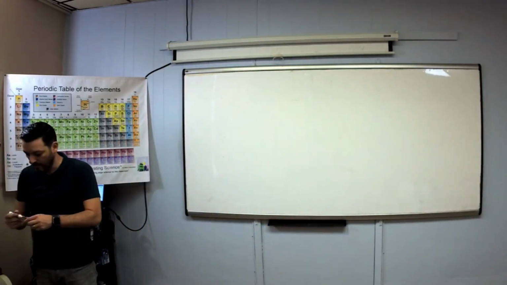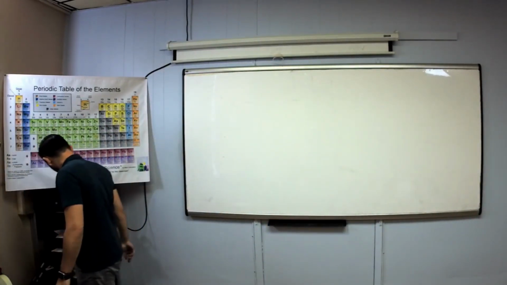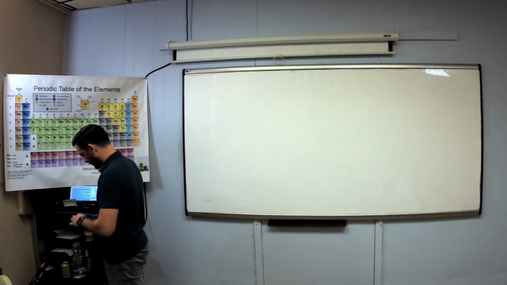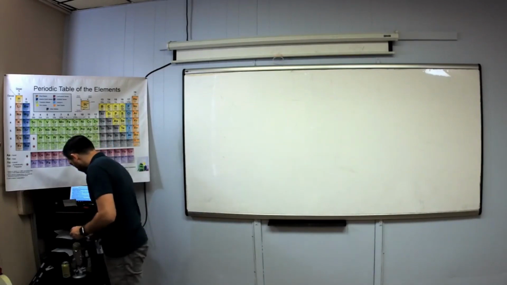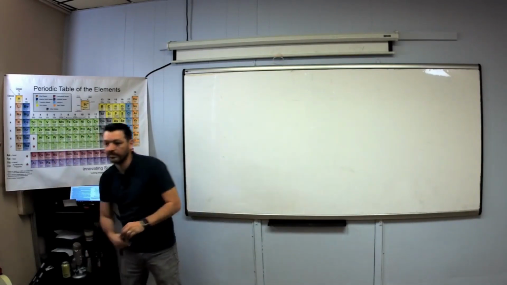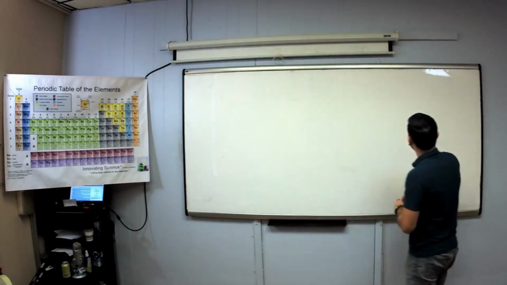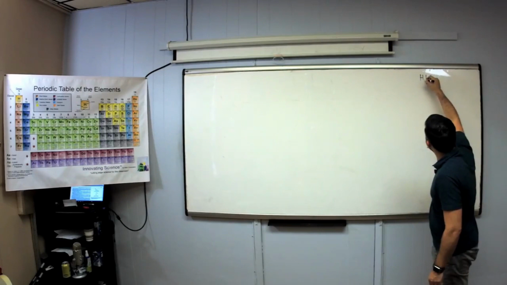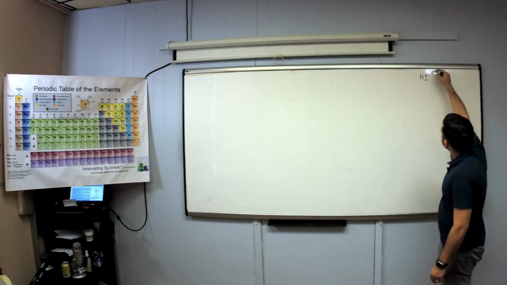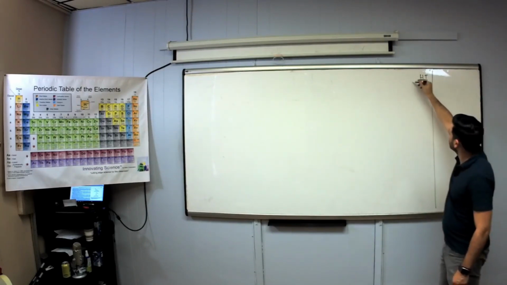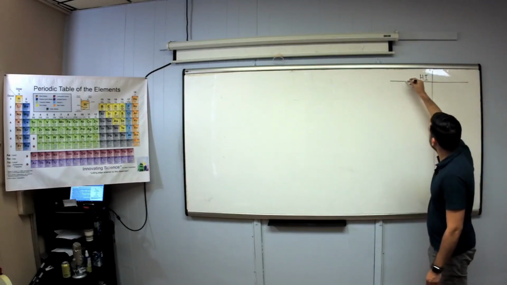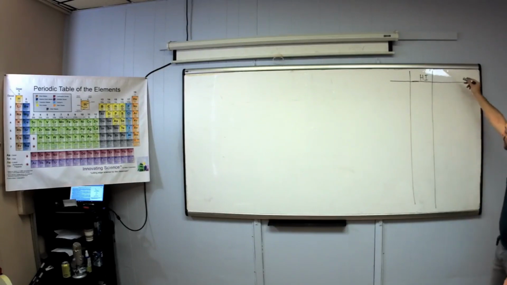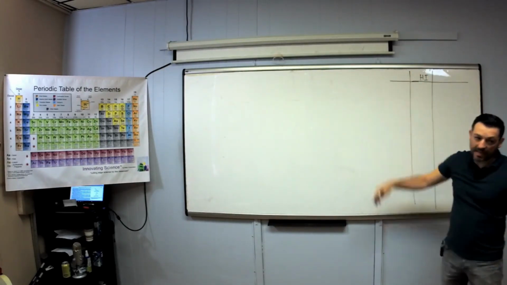Here's an extremely important list. Requires a fresh marker. We start with HI. This is going to be a list of acid. There's an acid, conjugate base, and the pKa of the acid.